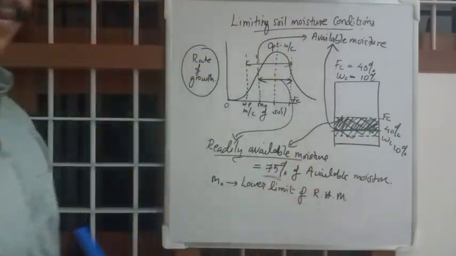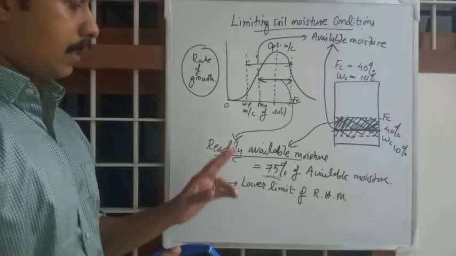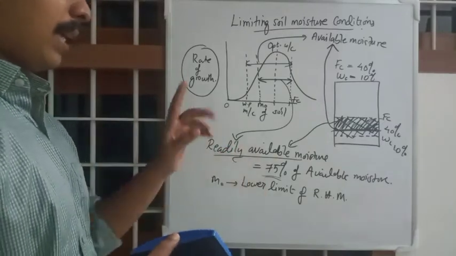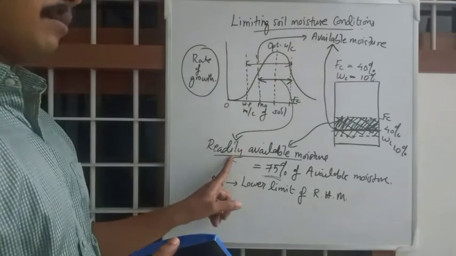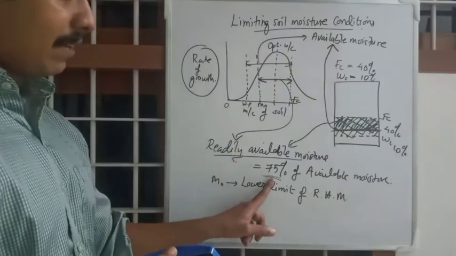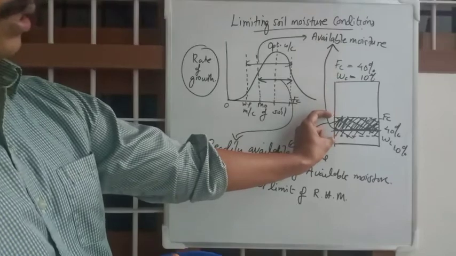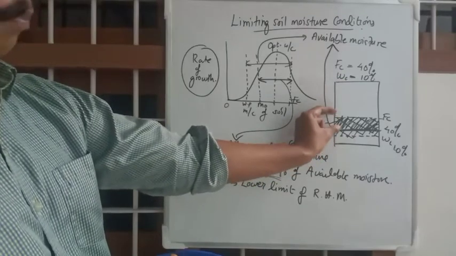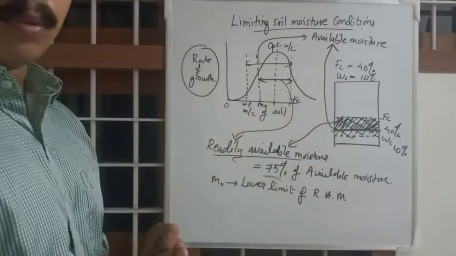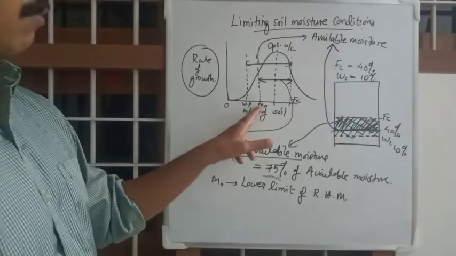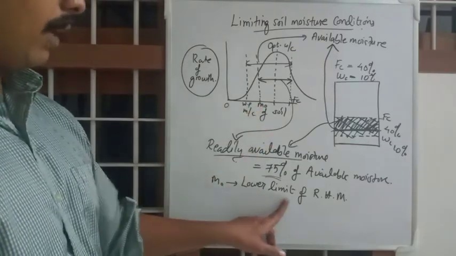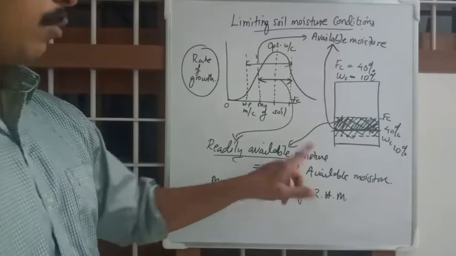Okay, I hope you get it. There are two kinds of moisture: available moisture and readily available moisture. Readily available moisture will be the upper 75% of available moisture, and M0 is taken as the lower limit of readily available moisture.